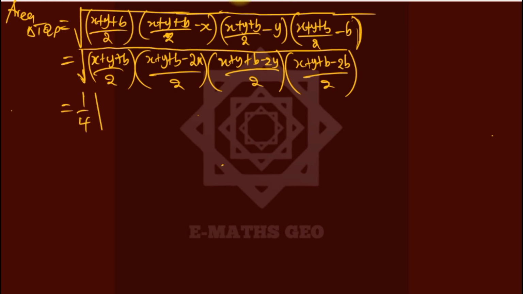And I have 1 over 4 of. So we're left with x plus y plus b times, now, we are left with the numerators. So I can write this as b, since I have minus x, I have minus x minus y. So we're still correct. Yes.